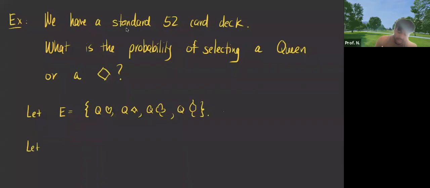So if we let F be the set of outcomes where the card is a diamond, we have 13 ways for a card to be a diamond.